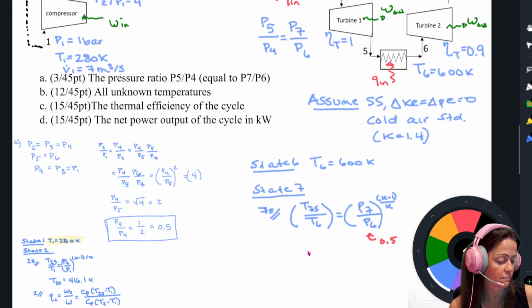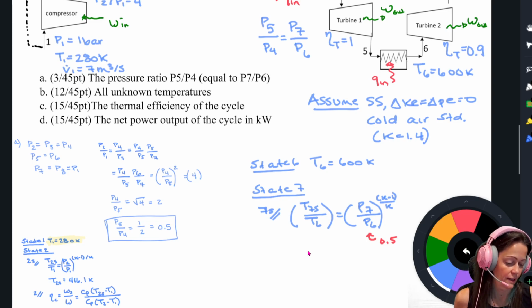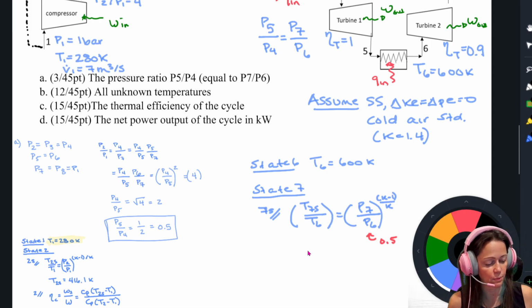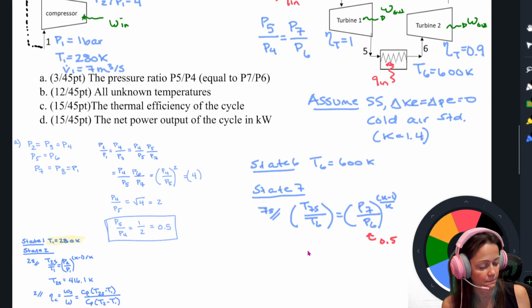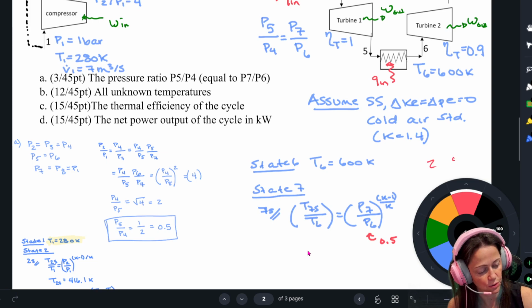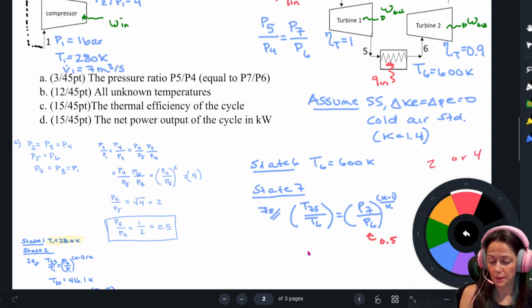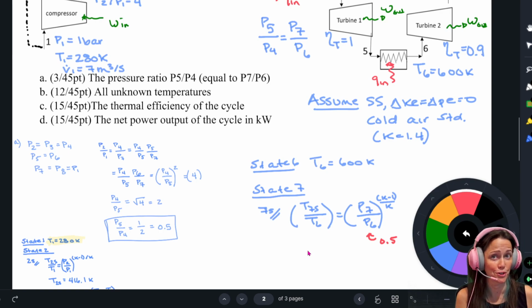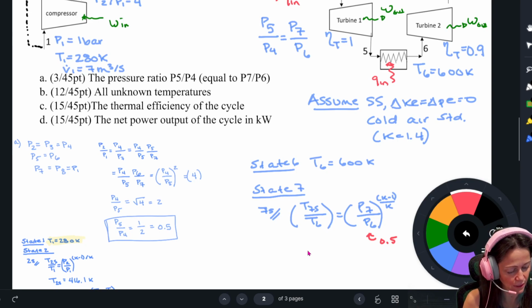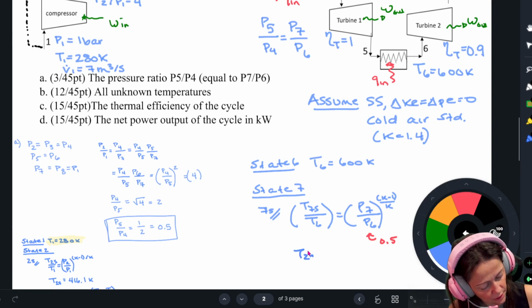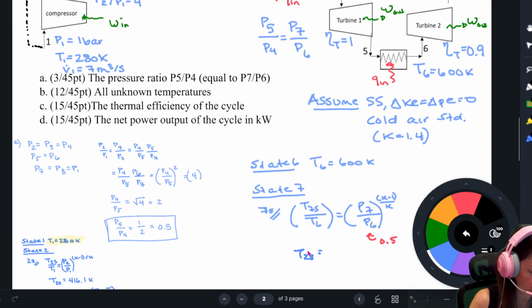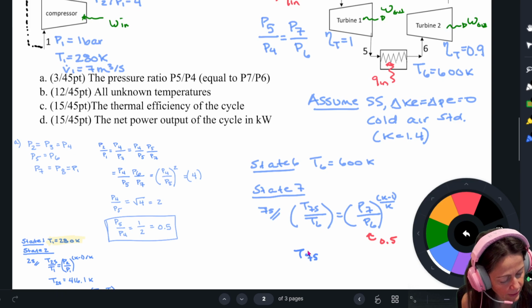If you plugged in 1 over 4 or something like that, you probably would have gotten full credit at that point. But if you plugged in 2 or 4, I might have docked you a half a point just for not realizing that the pressure ratio should not be greater than 1 there. All right, so T7S, 492.2.